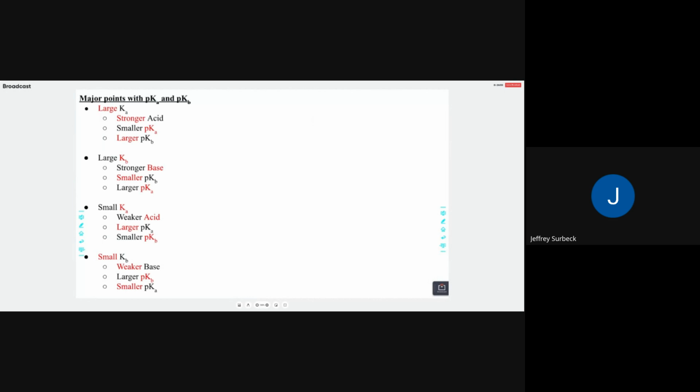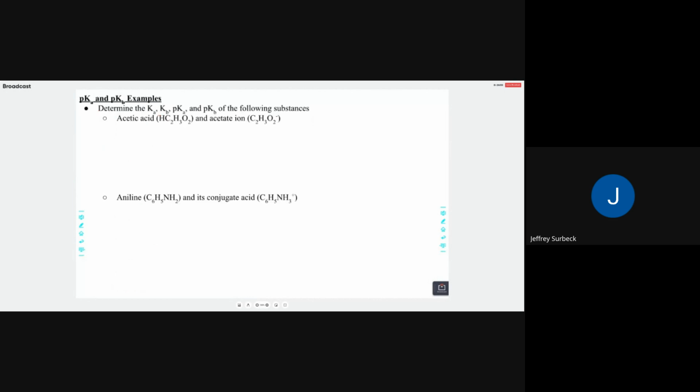All right, so last thing of the day here. We'll go pretty quickly since we know how to use the formulas here. So we want to know all of these values: Ka, Kb, pKa, and pKb. It sounds like a lot, but it really isn't once we get rolling here.